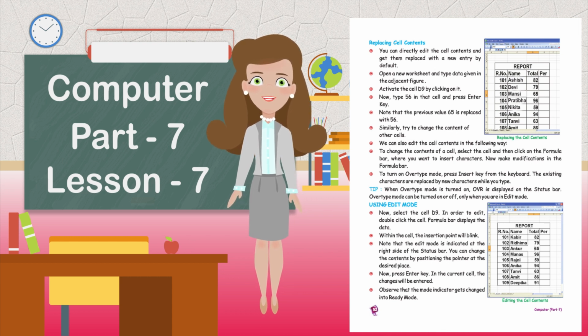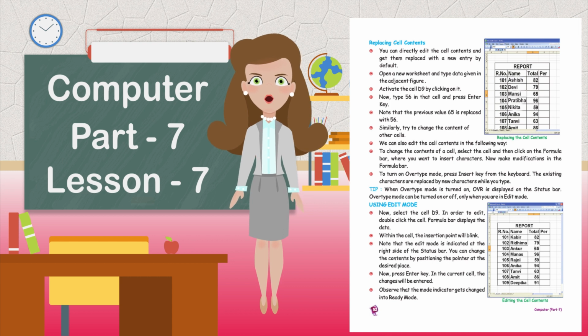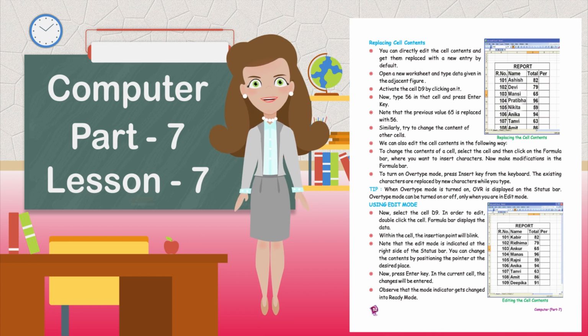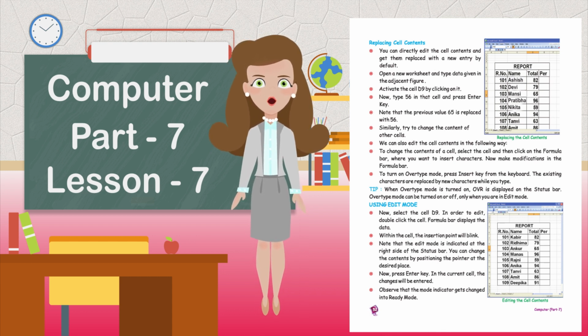The existing characters are replaced by new characters while you type. Tip: when overtype mode is turned on, OVR is displayed on the status bar. Overtype mode can be turned on or off only when you are in edit mode.